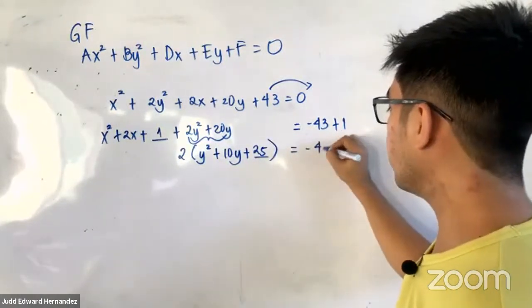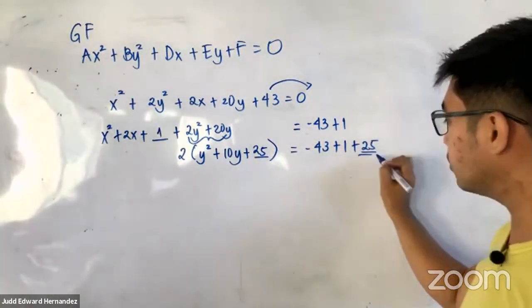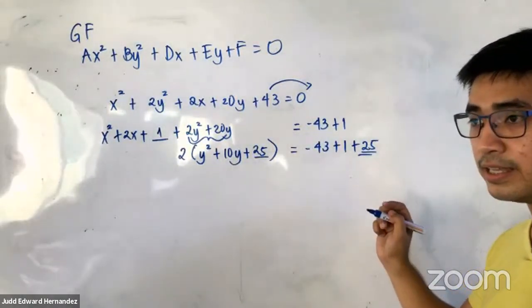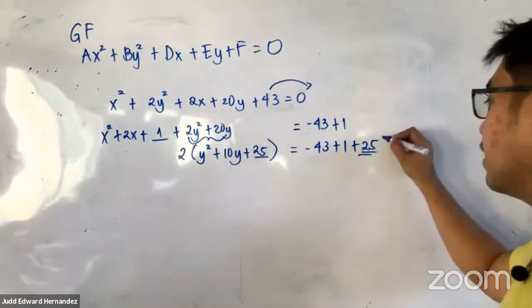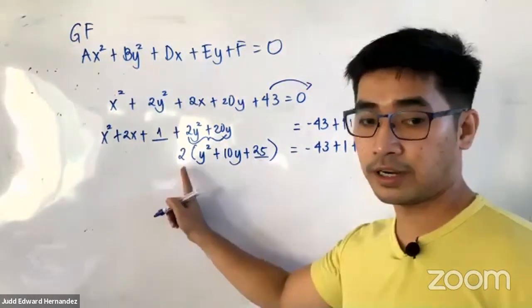This is now equal to negative 43 plus 1 plus 25. Are we only adding 25 to the right side? Times 2. Very good. We need to multiply it by its factor, and its factor is 2.